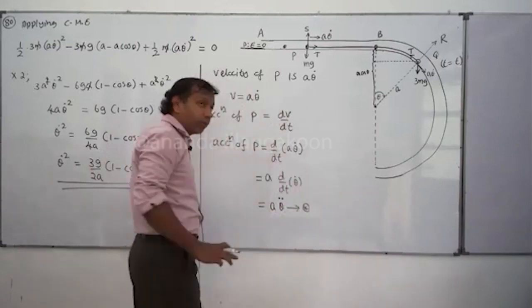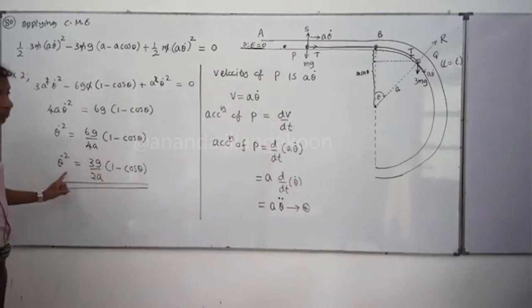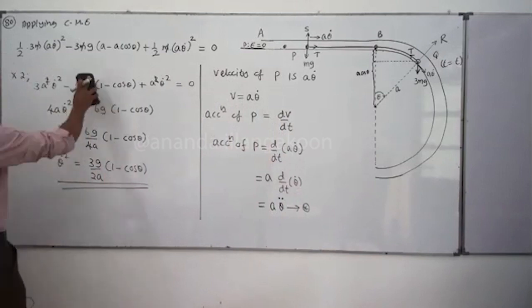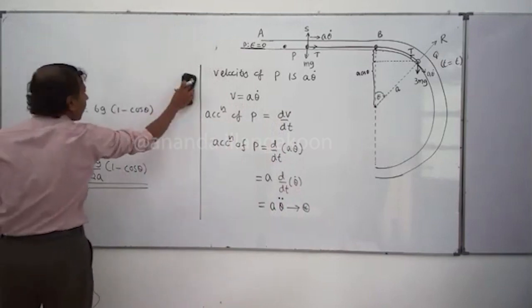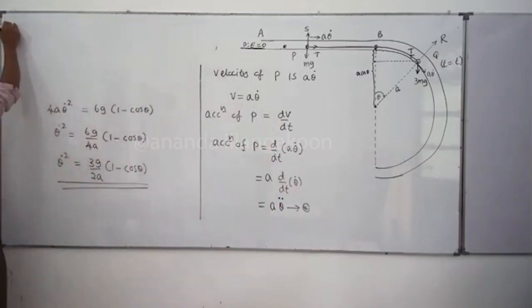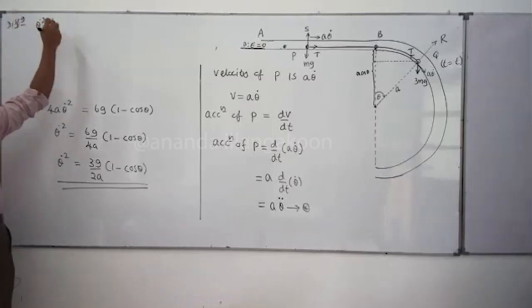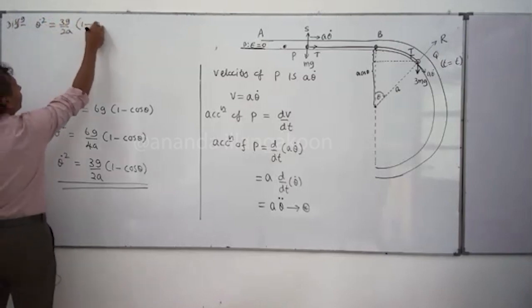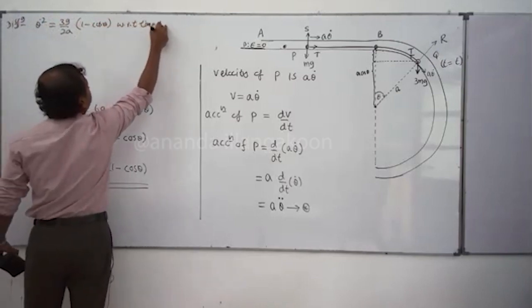Now we need to find theta double dot. To find this, we can differentiate both sides with respect to time t. Differentiating theta dot squared equals 3g by 2a times (1 minus cos theta) with respect to time t.